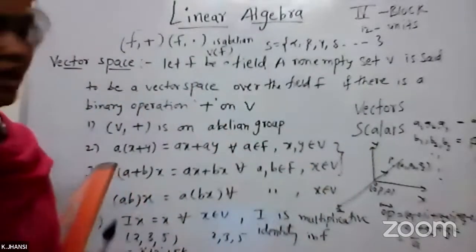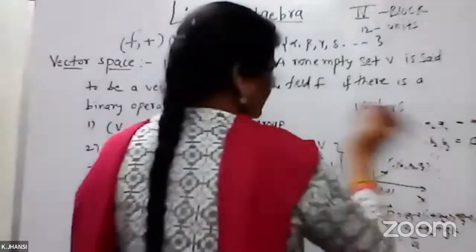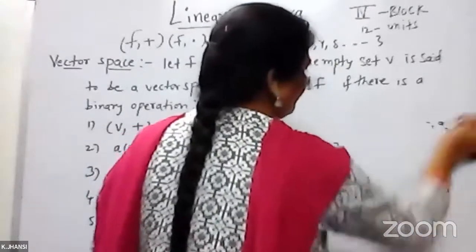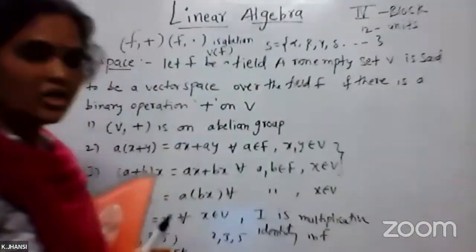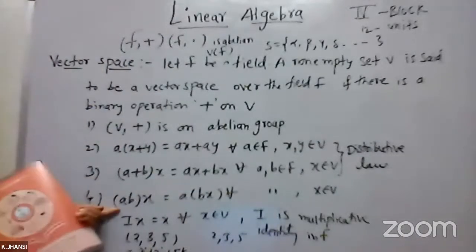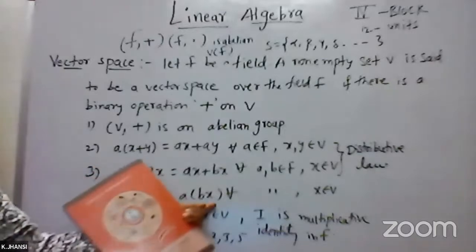So these two are called distributive laws. If you have an idea, in groups you have seen distributive laws, the left distributive law and also the right distributive law. So the second and third are the distributive laws here. Okay, next we have the fourth one, ab into x equals a into b of x.